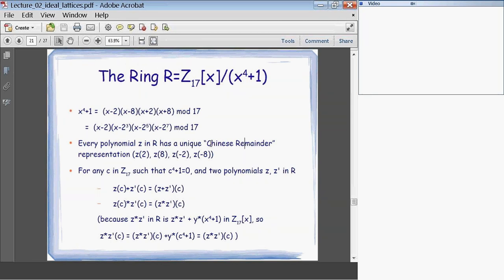Sure. Just for terminology's sake, evaluation representation is also often referred to in the literature as CRT representation or Chinese remainder representation. So when you see CRT, that's evaluation representation. It's exactly the same. And coefficient representation and power basis are also interchangeable.